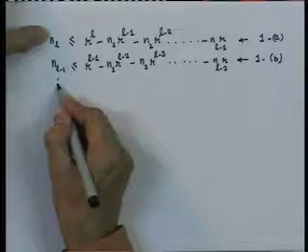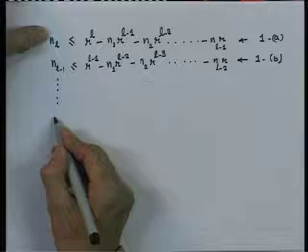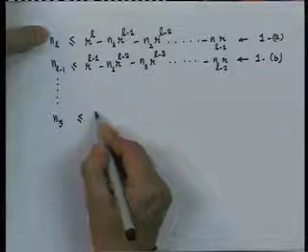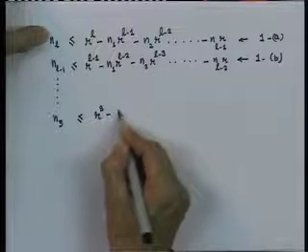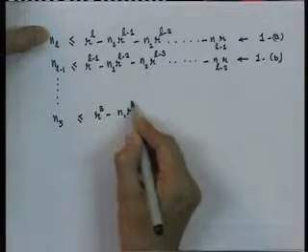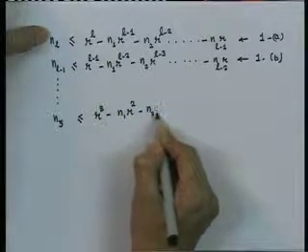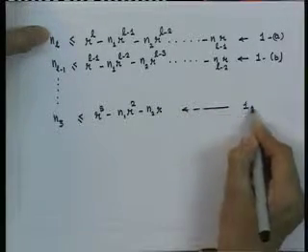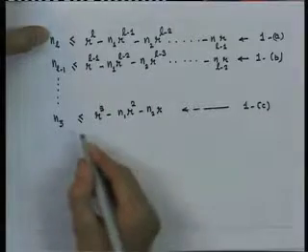So, this way if you proceed, I will get N3 less than or equal to R cube minus N1 R squared minus N2 R. This is 1C.